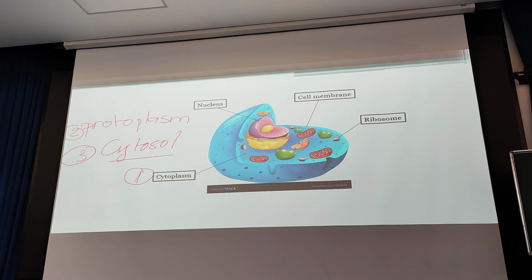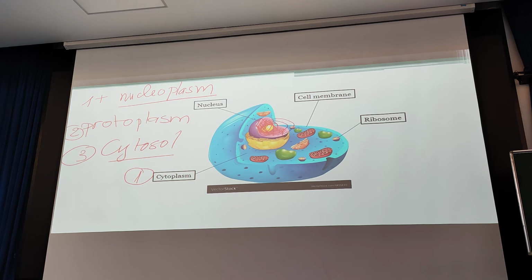Protoplasm is everything inside the cell, which contains the cytoplasm plus the nucleoplasm. The things inside the nucleus are quite like the cytoplasm.